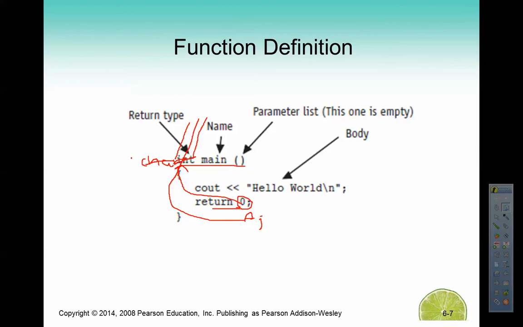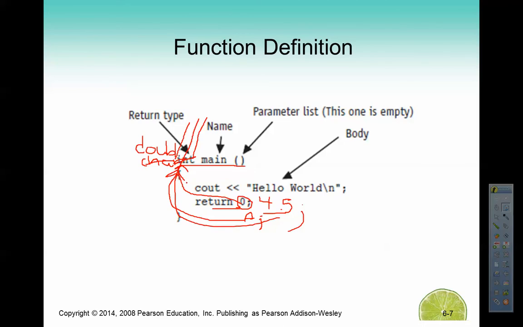If I put a double here, I can return a 4.5. So this 4.5 can go in the highway, right? Because it's a double.